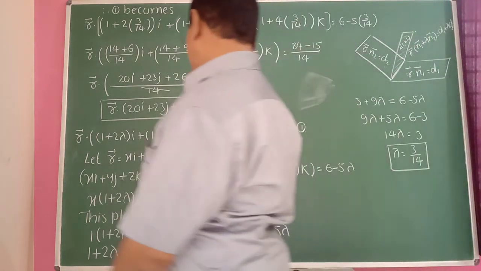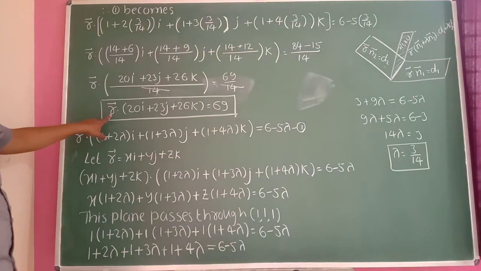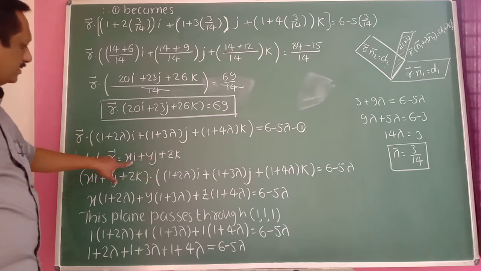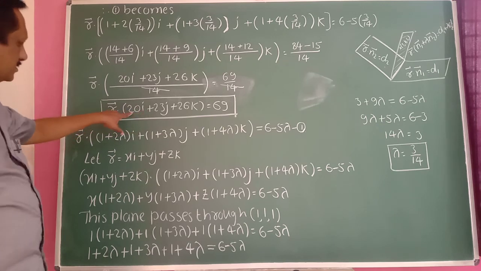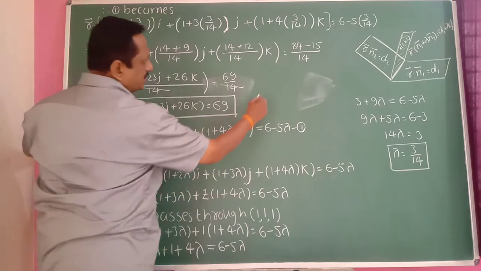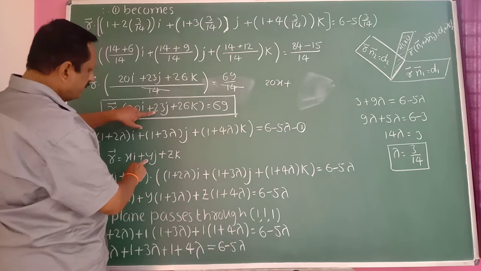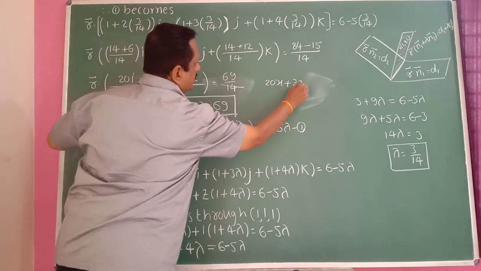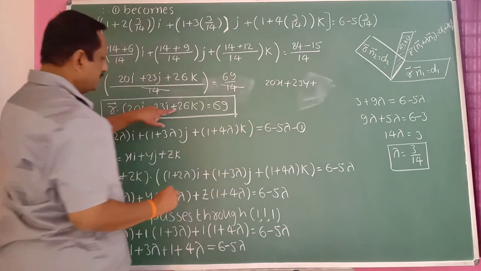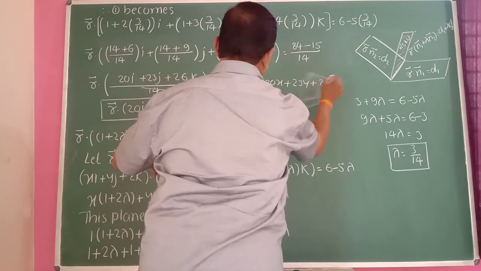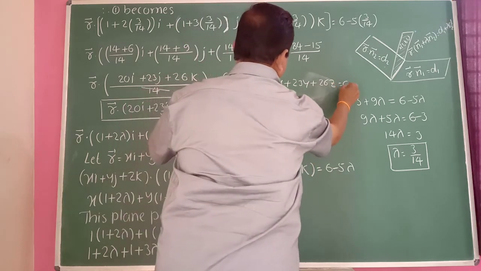Here r bar is xi plus yj plus zk. Therefore the dot product gives 20x plus 23y plus 26z is equal to 69.